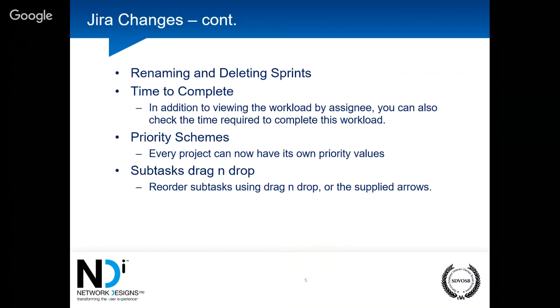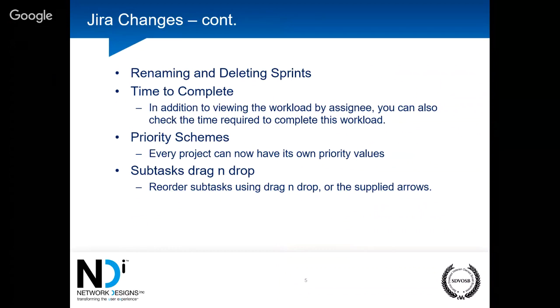When planning your team's workload and their velocity, whether it's done in a points value scenario or in an hours scenario, it depends on how you're building your project. Here at NDI, we typically are using points or a Fibonacci style scale. But when you're looking at the workload of an assignee, one of the employees, you can also look at the time to complete.